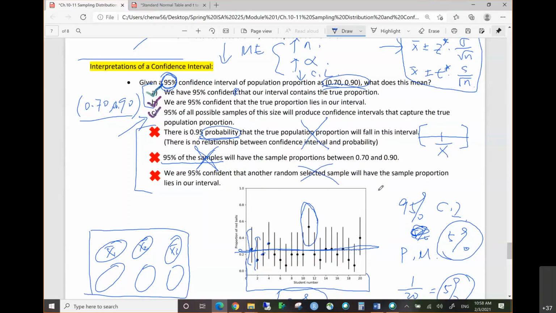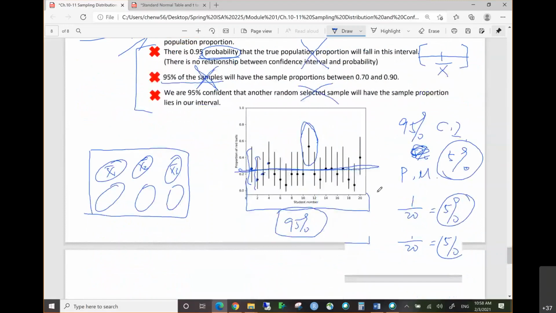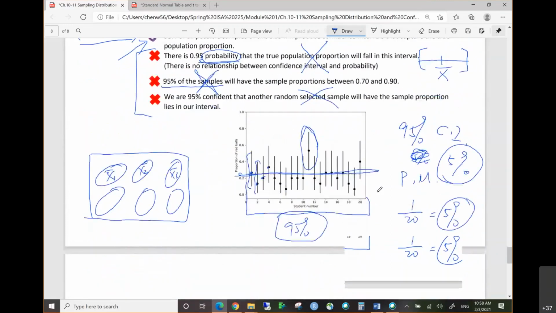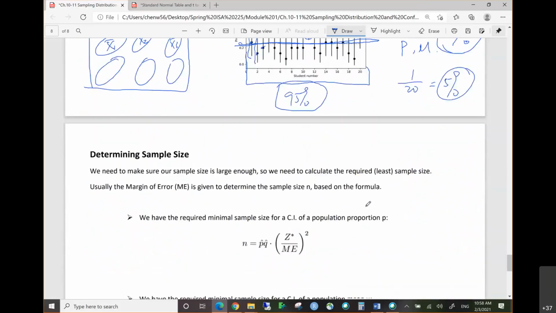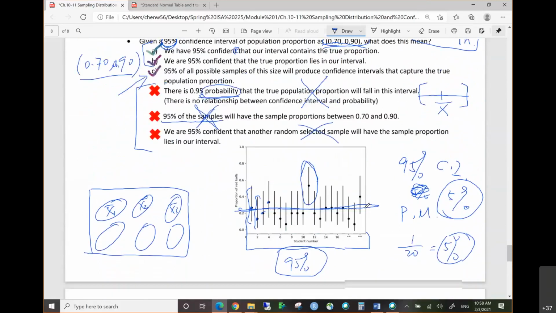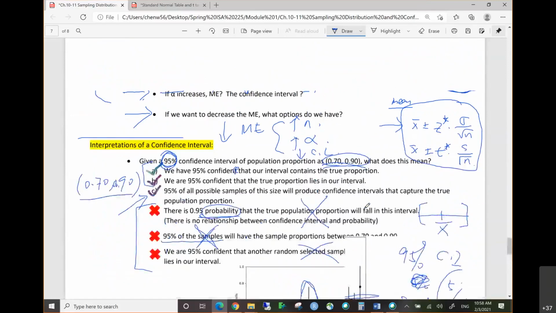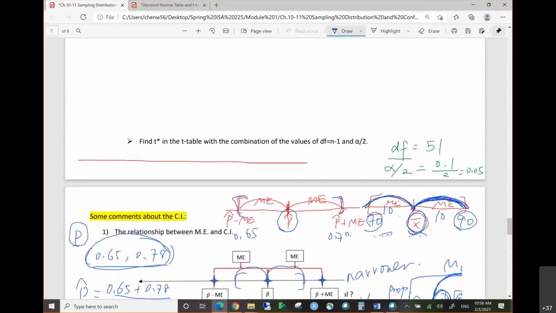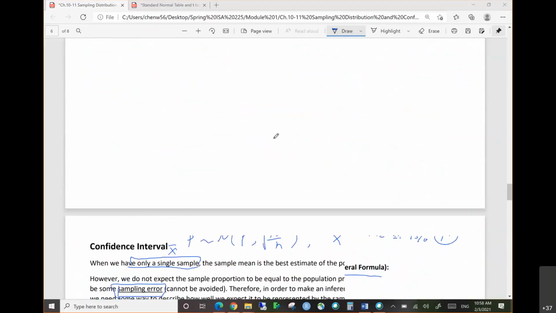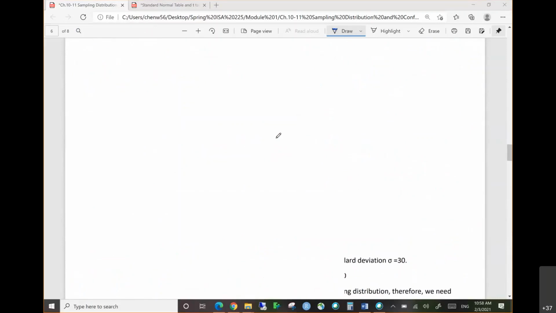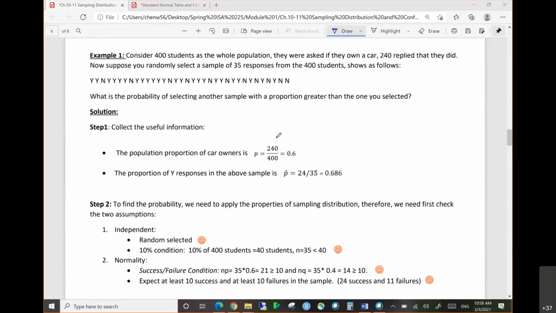All right. So before we talk about determining the sample size, let's do some practice for computing the confidence interval. We'll use the same example as last class.